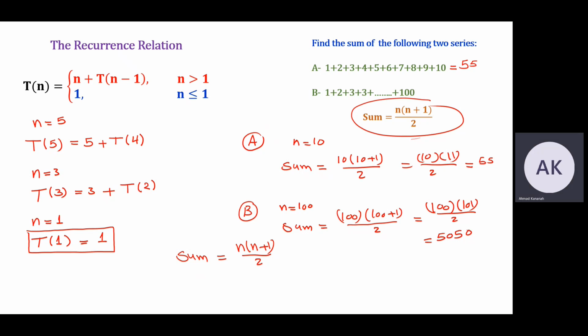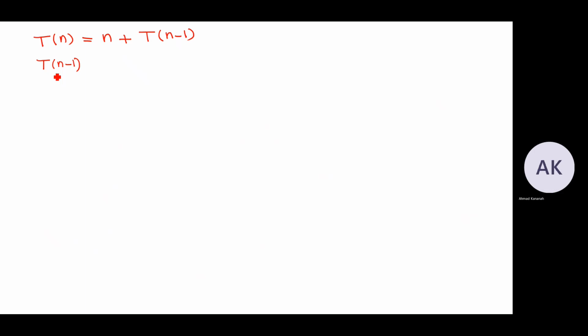Okay, let us start. The time required to run an algorithm equals n plus the time required to run the algorithm when the input equals n minus 1. Now assume we need to find the time required to run the algorithm when the argument is equal to n minus 1.